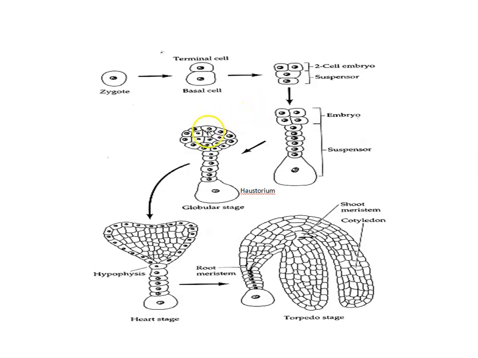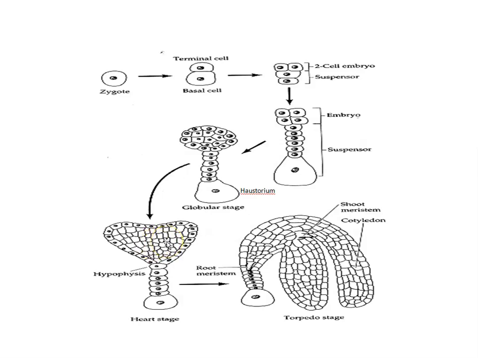Then the globular stage, where the embryo progresses to the globular stage. You can see here the globular stage. This is haustorium, right? So embryo, suspensor, this is haustorium, this is the globular stage. After the globular stage, then heart-shaped. Here the embryo progresses to the heart-shaped stage.